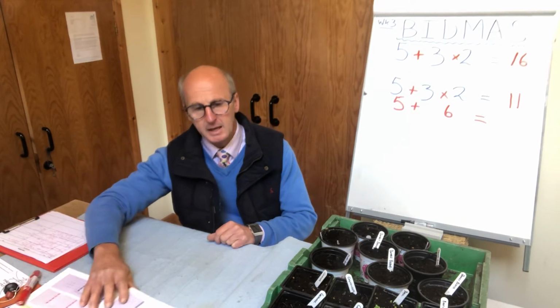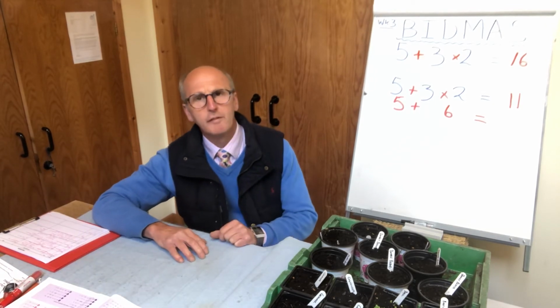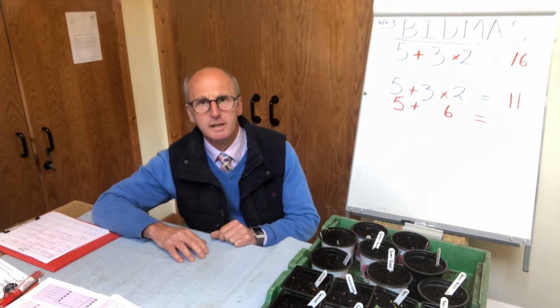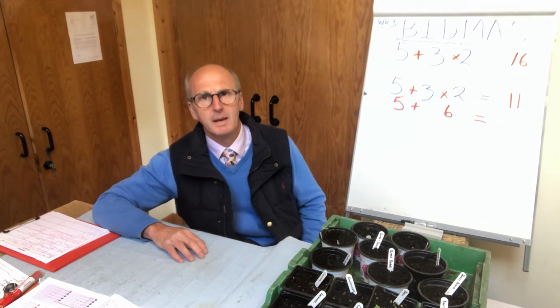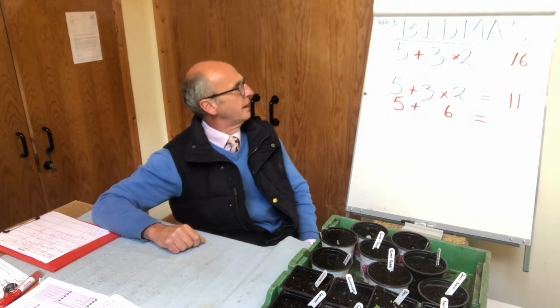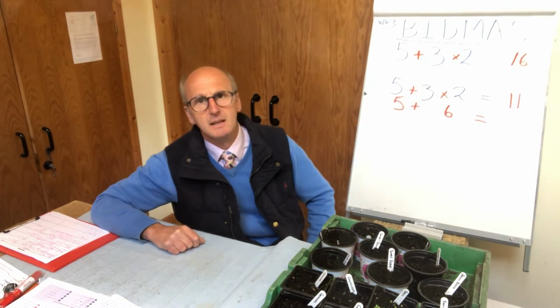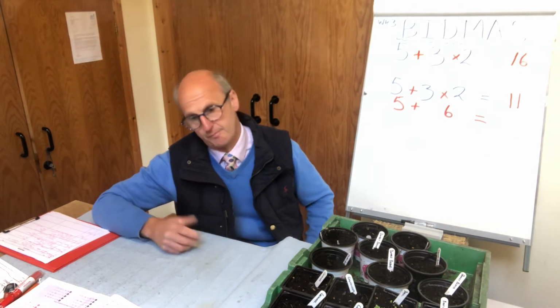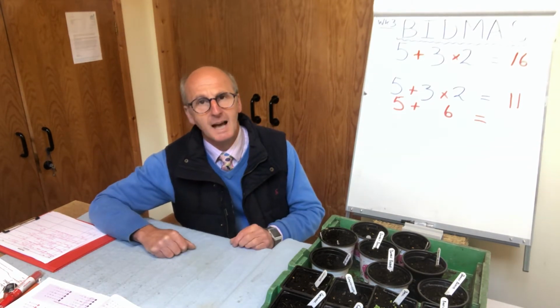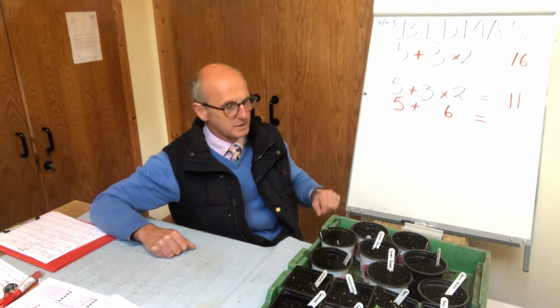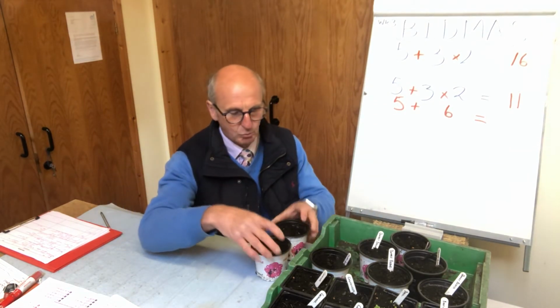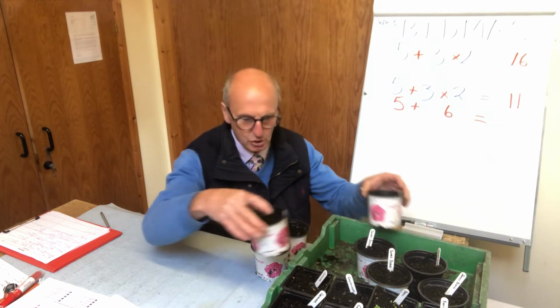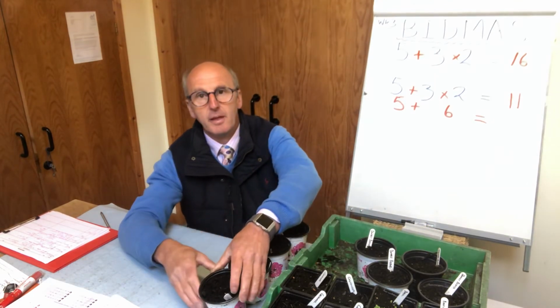Now, let me show you why I've come into my potting shed. I'm in here because I wanted to demonstrate to you this sum here, and it's very, very different because if my wife put an order in for 16 pots of plants of one sort or another, and I did the sum in a different way. So for example, if I had 5 of these dwarf beans that have yet to show their little heads, but they're there.